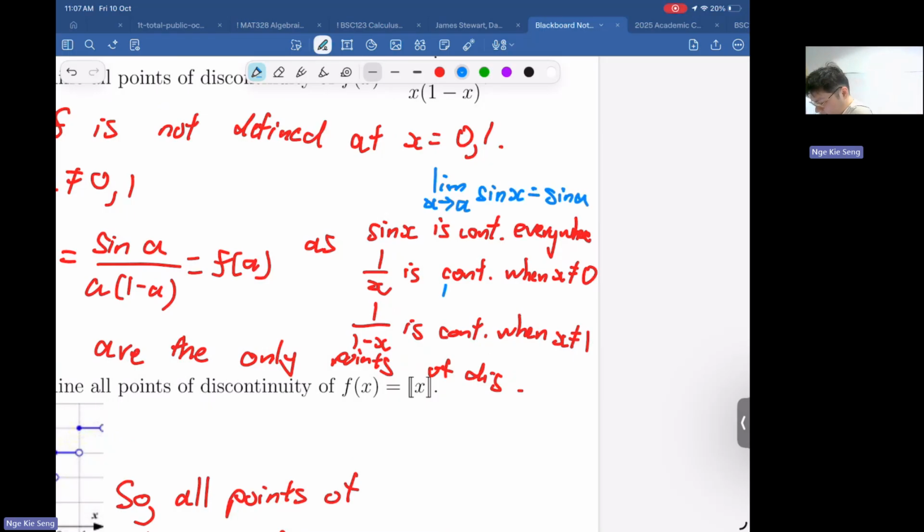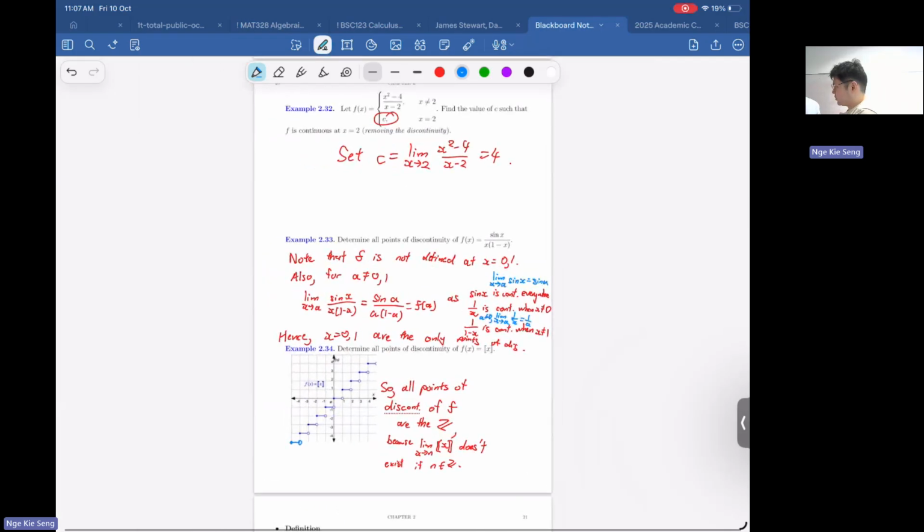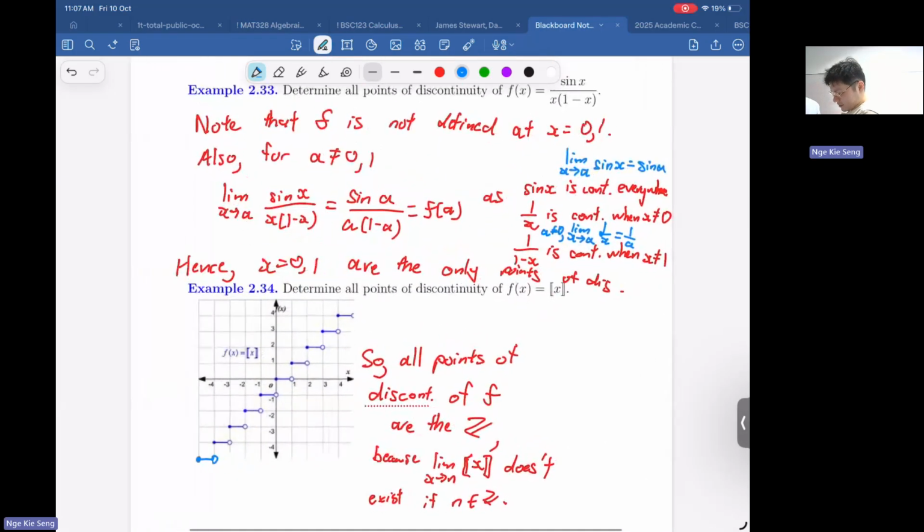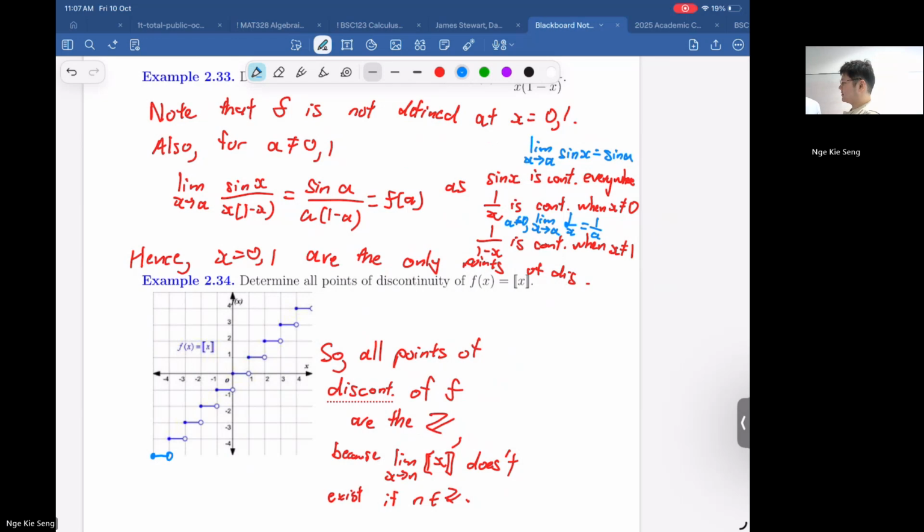And this line means that the limit of x to a, where a is not 0, of 1 over x is 1 over a. Similarly for this one. Then we can use the limit law to put three things together. Do you understand? So that's why this is true. It's all this plus a limit law. Does it make sense? Yes.